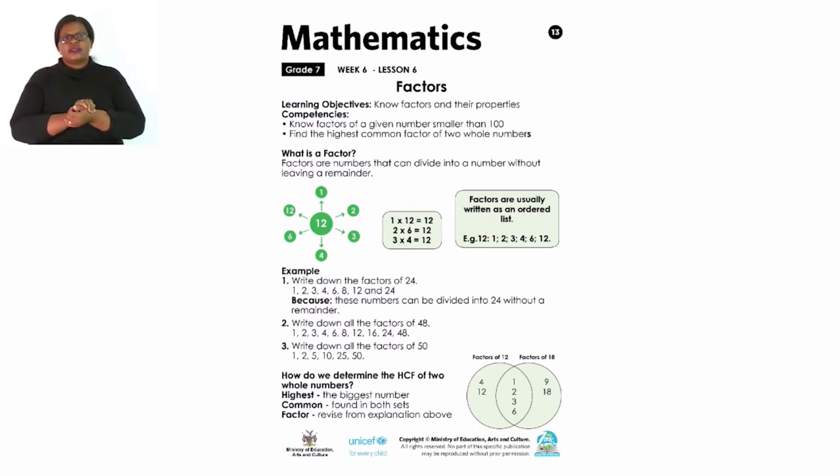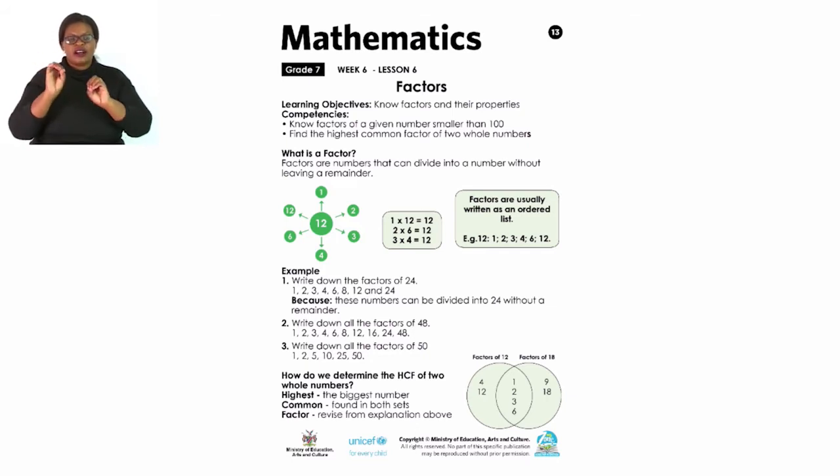And 4 can divide into 24 6 times. So if I have to write the factors of 24, I write them in order. And so 1, 2, 3, 4, 6, 8, 12, and 24 are all factors of 24, because these numbers can be divided into 24 without a remainder.